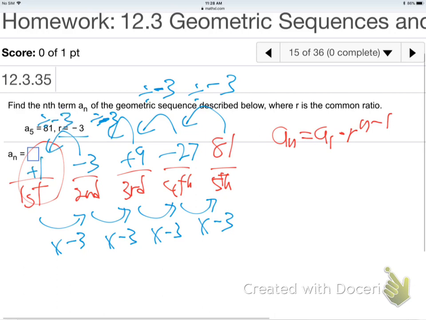Couldn't you just plug in what you know into the equation and work backwards? You probably could. So is that right? 1 times -3 times -3, yeah, it's all good. So then the formula is a sub n is 1 times r, which is -3, to the n minus 1. Good on that? Any questions on that one?